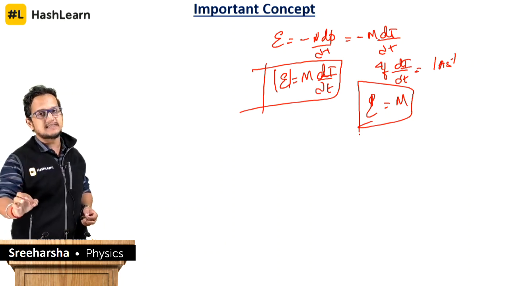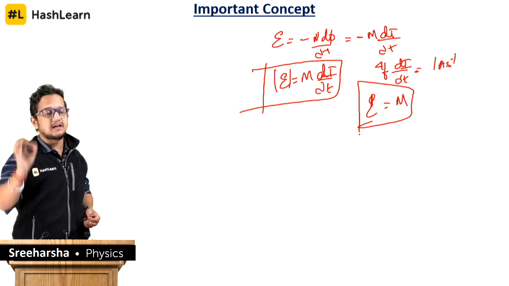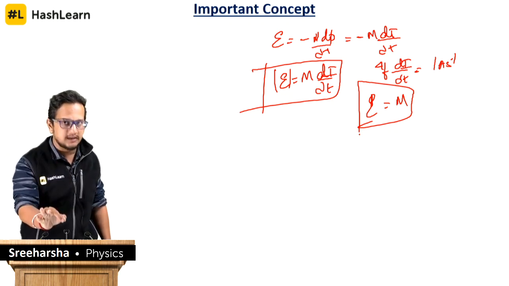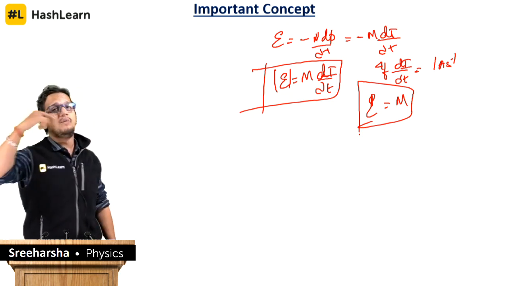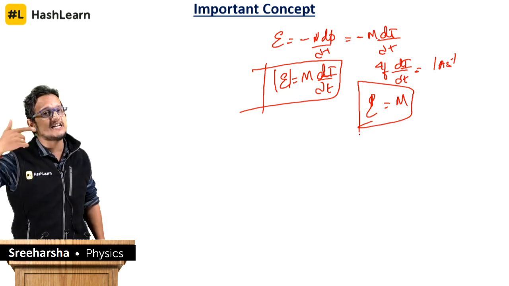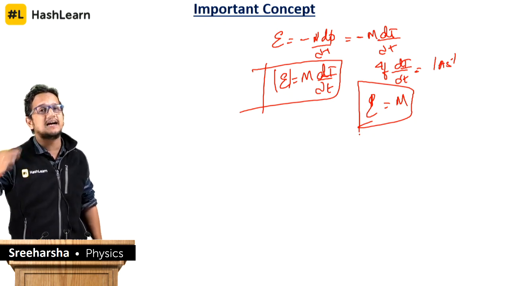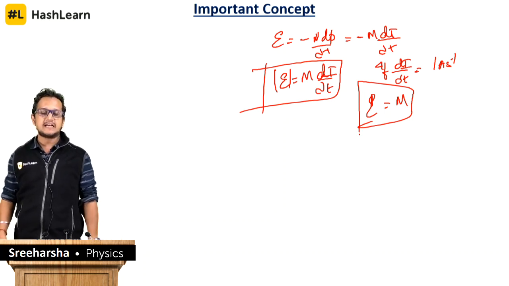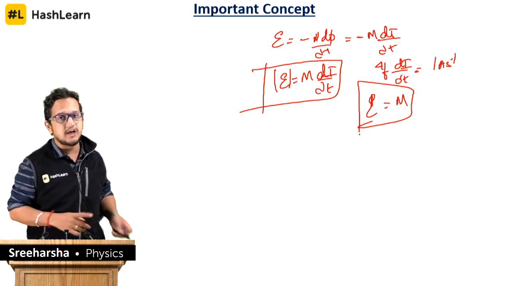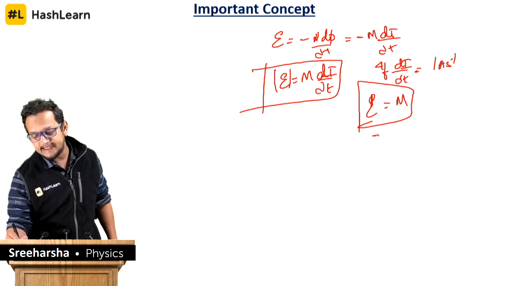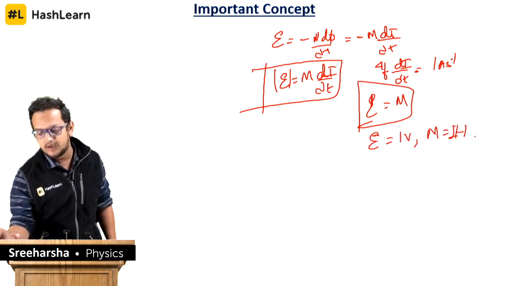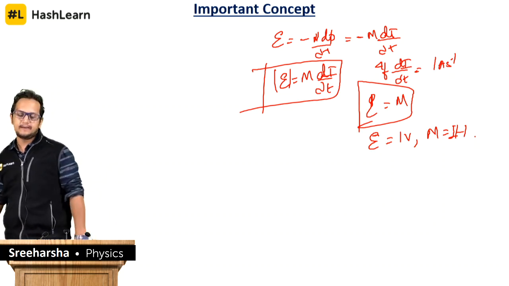Listen to these words carefully. Mutual inductance is equal to the EMF induced in the secondary coil when the current changes at the rate of 1 ampere per second in the primary coil. That is called the mutual inductance, and if the EMF induced is equal to 1 volt, then the mutual inductance is equal to 1 Henry.